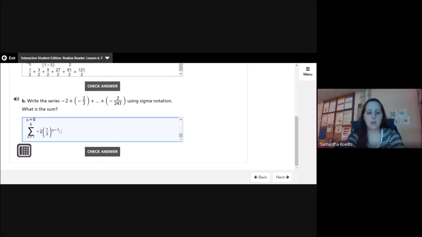And then my solution to that is going to be a sub 1 equals -2, a sub 6 equals -2/243, r equals 1/3.